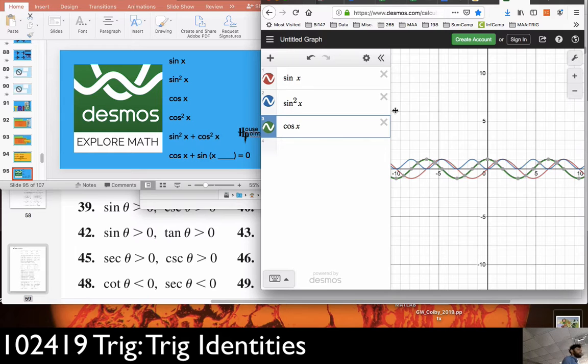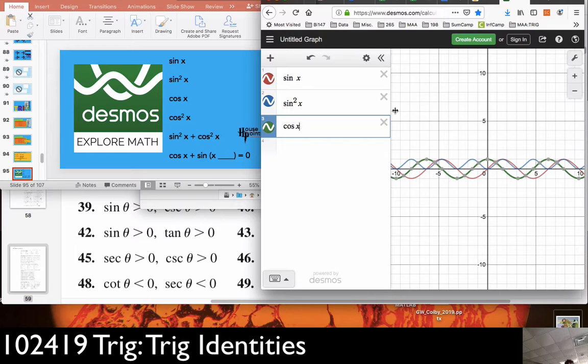So how would you compare the sine curve to the cosine? They start at different points. So that's something that's different about them.